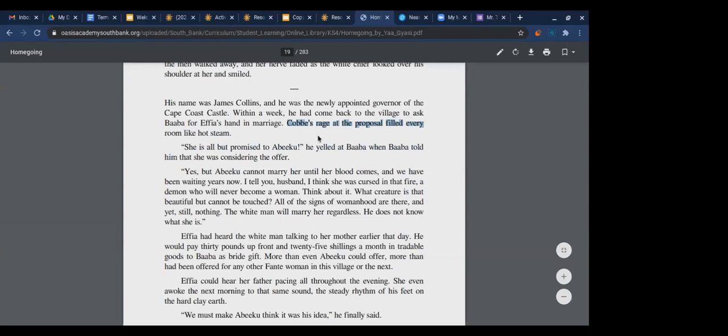That's what would tip us off that yes, it's third person omniscient, because not only do we know how James Collins feels and what he's doing, we also know the same thing for Kobe, at his disapproval of the proposal. So our answer is yes, it is third person omniscient, at least in that section of the story.